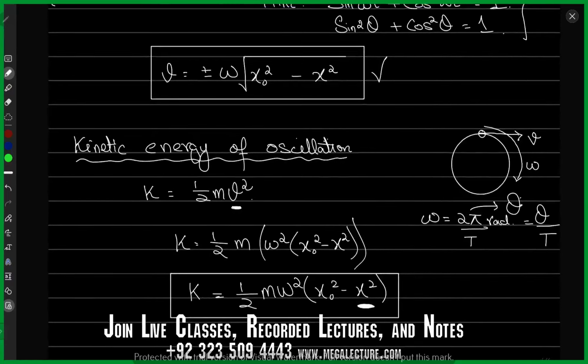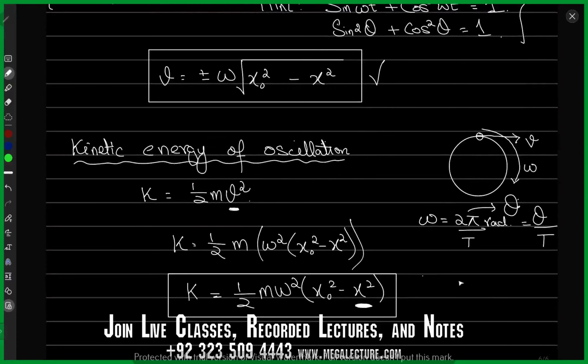What I'm trying to say is, suppose I have this pendulum and it's oscillating. According to what I'm talking about so far, this pendulum will keep oscillating forever. But in reality, that's not the case.